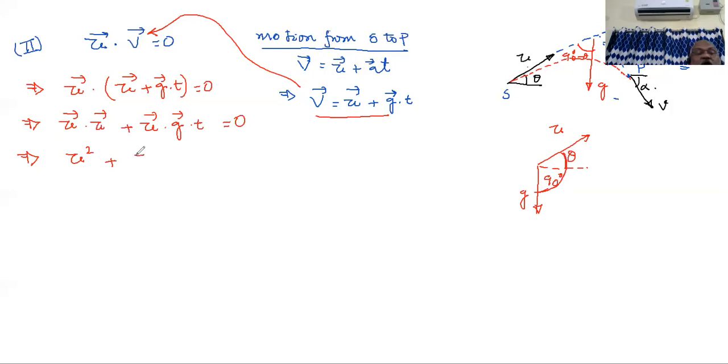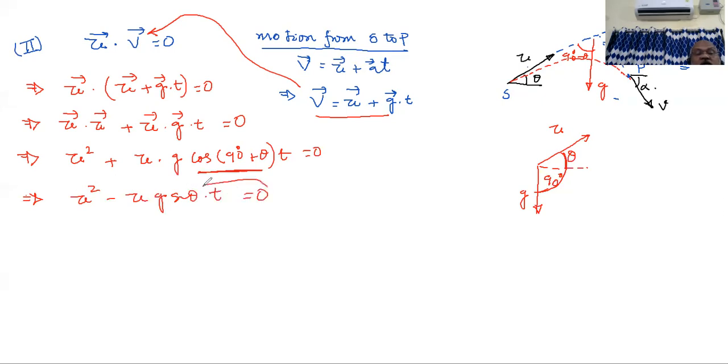So I put in there u magnitude into g magnitude into cos 90 plus theta. Of course, cos 90 plus theta is minus sin theta. So that is u square minus ug into sin theta into t equal to 0.